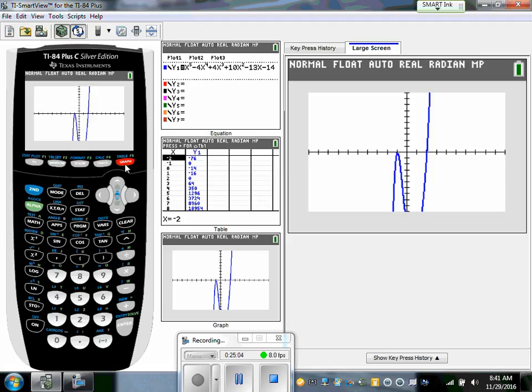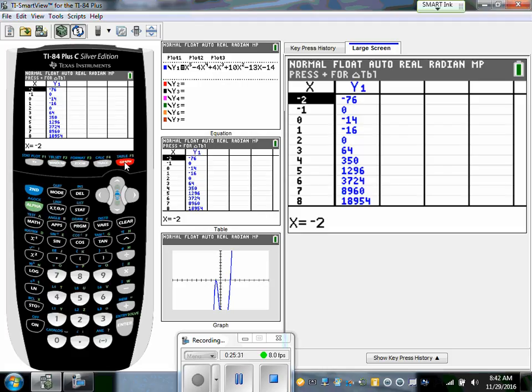All right, so take a look. Where does it cross the x-axis? -1 and 2. How many times does -1 show up? Twice, at least 2, maybe 4, because it looks like it bounces. Let's double check the table.